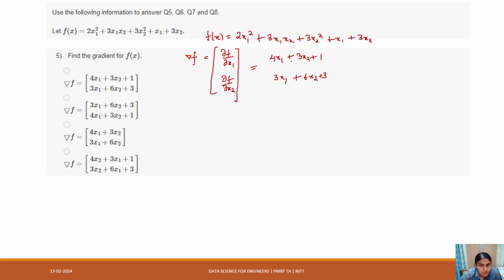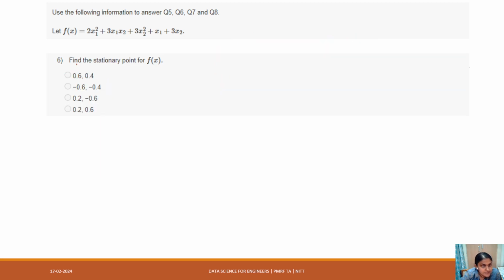So 4x1, 3x2, 1, 3x1, 6x2, 3. The answer will be A. Everyone has found that answer, so that's okay. Next is the next question, a connected question, so just remember the answer.